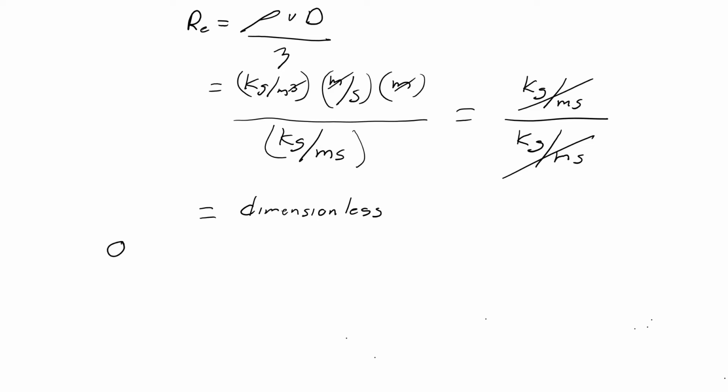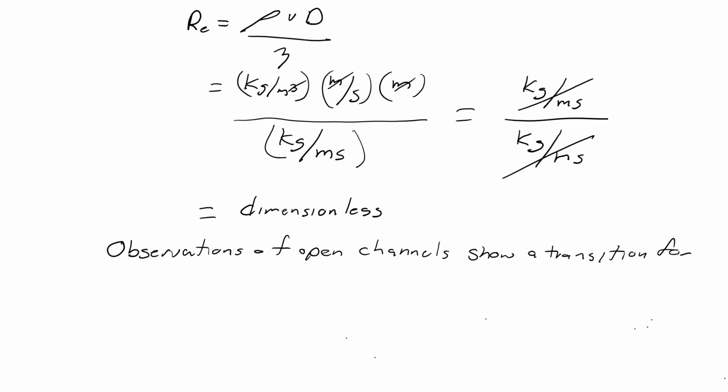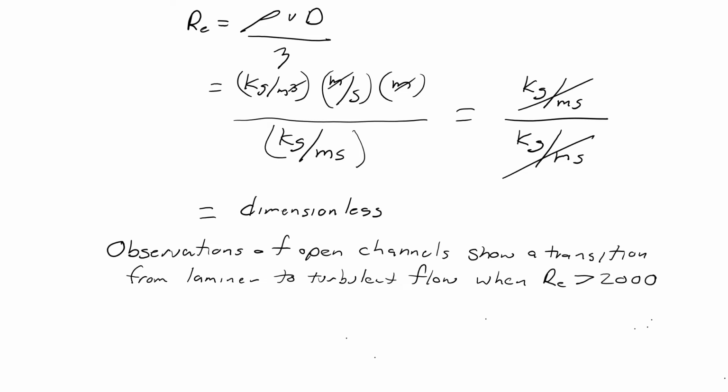Well, as it turns out, observations of open channels, like riverbeds, show a transition from laminar to turbulent flow when your Reynolds number jumps up and exceeds 2,000.